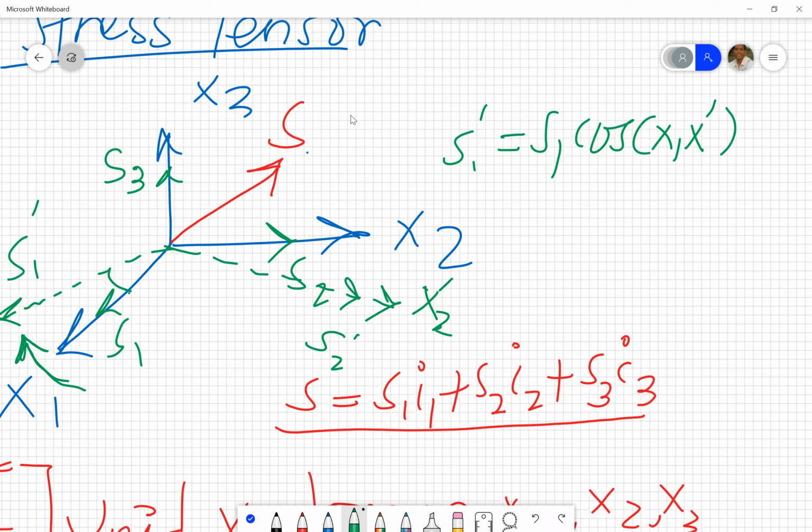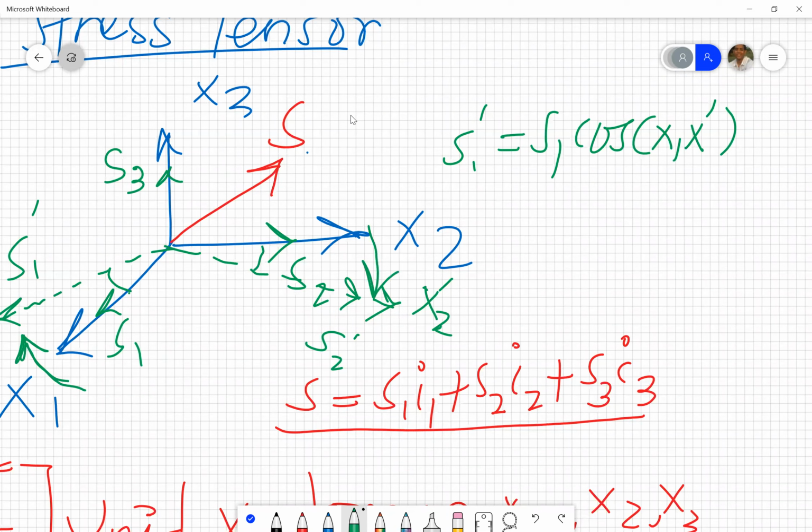Again, at the same time, when we are calculating S1 dash, this axis will be displaced. X1 is displaced from x1 to x1 dash. Similarly, x2 will also be displaced to x2 dash. So there must be a cos component there.